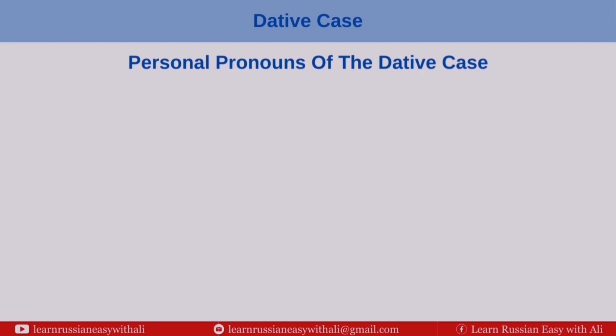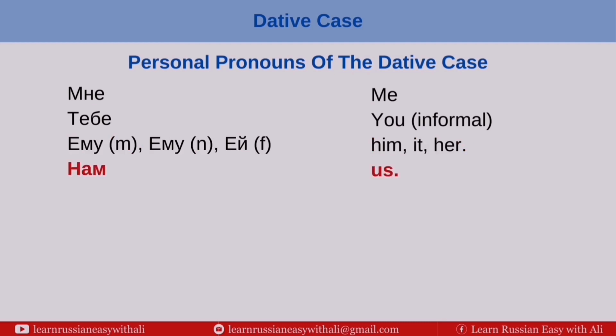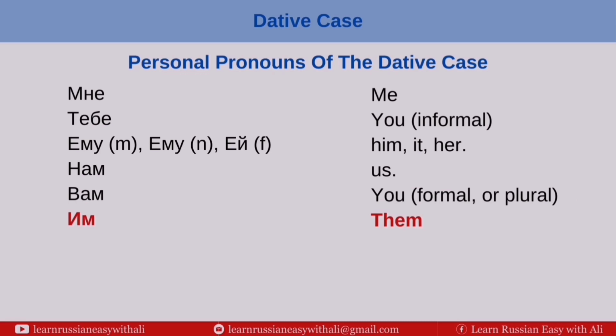Personal pronouns of the dative case. Мне. Тебе. Ему. Ей. Нам. Вам. Им.